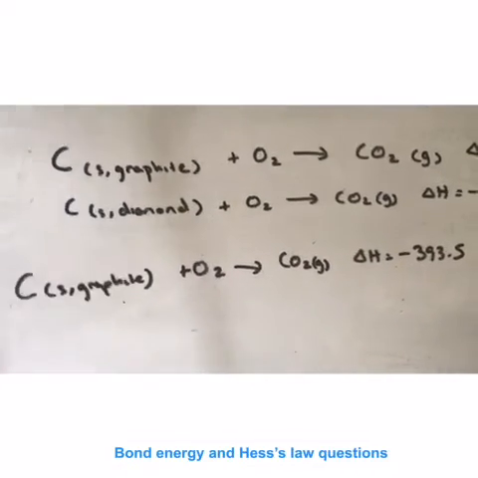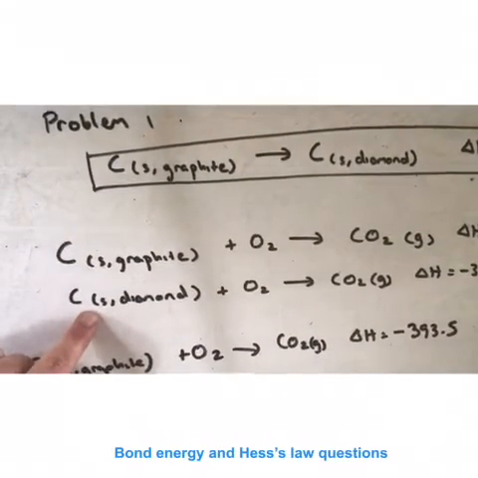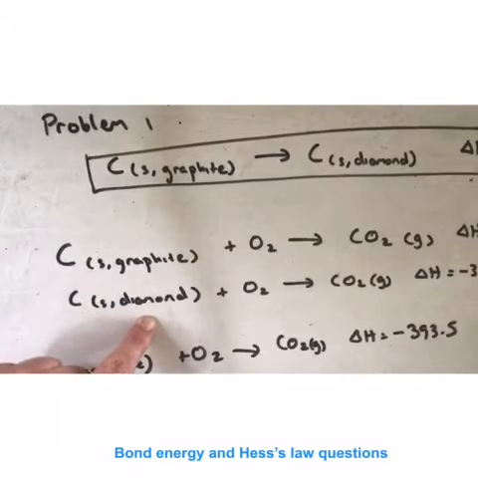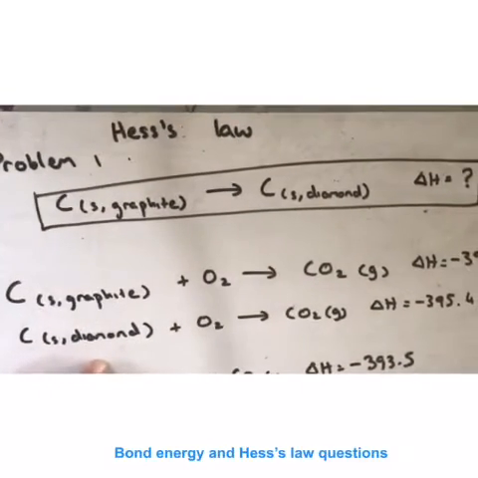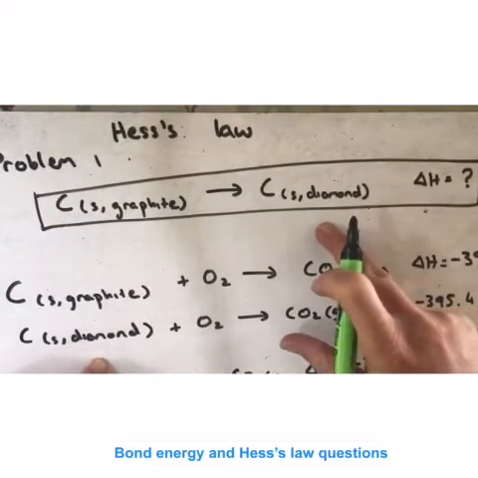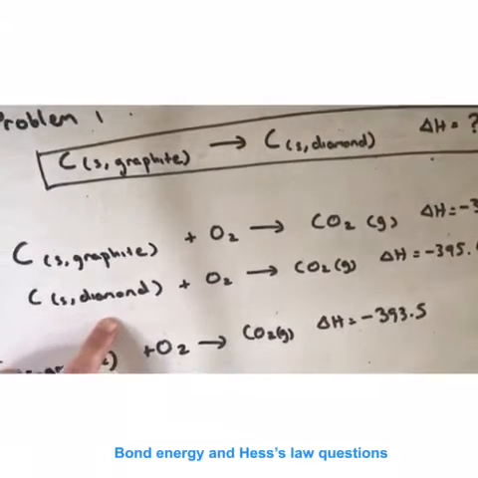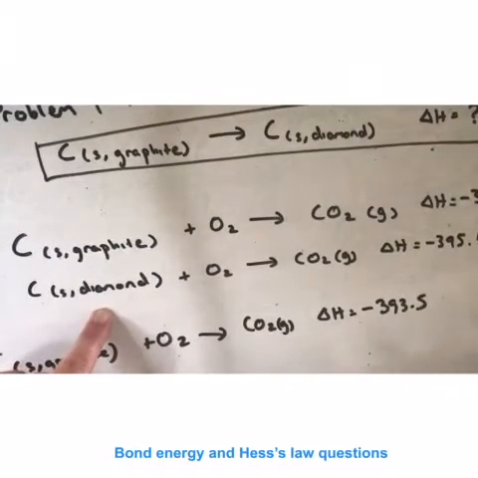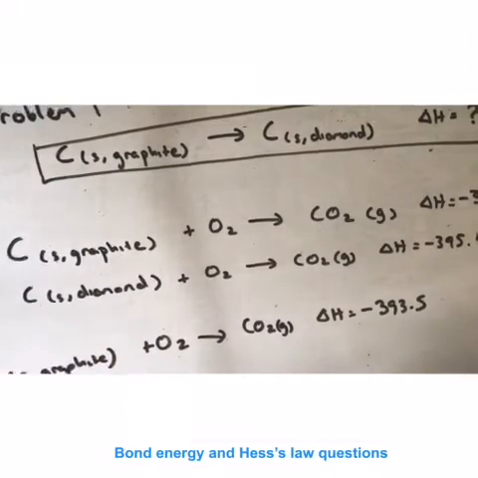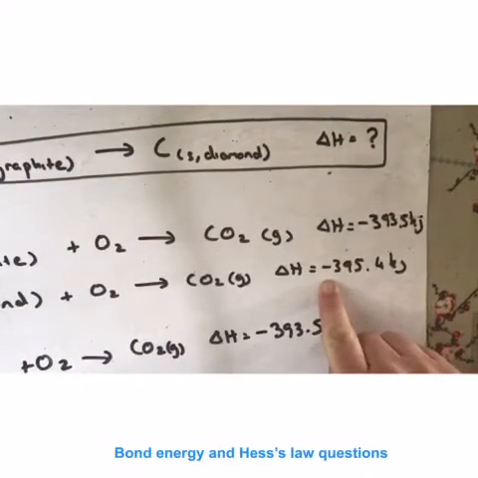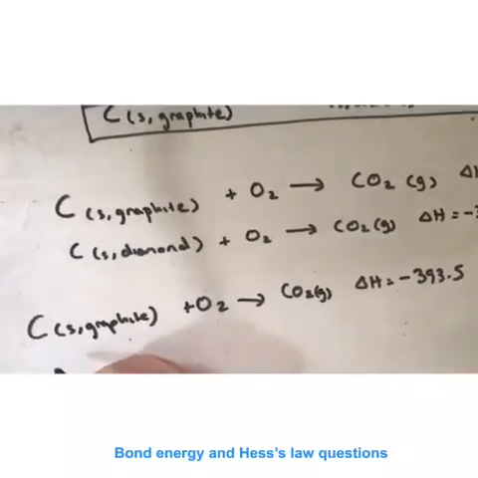Next step, girls, you have to look at, we've got carbon as diamond on this side of the equation, whereas we want it on the other side. So what we're going to do is invert the second equation, and if we invert it, so if you make this side the products instead of the reactants, we have to then change the sign of our delta H to positive. Okay, so that's what we're going to do here.